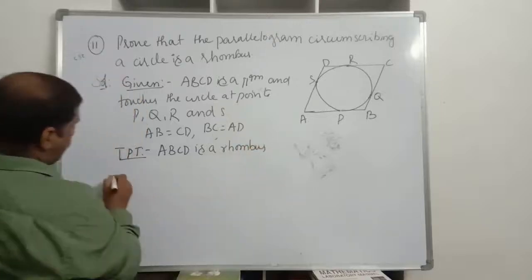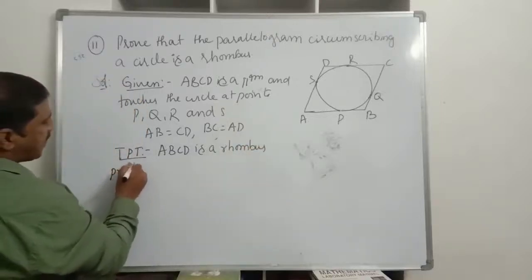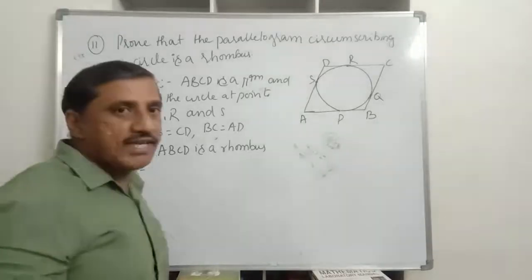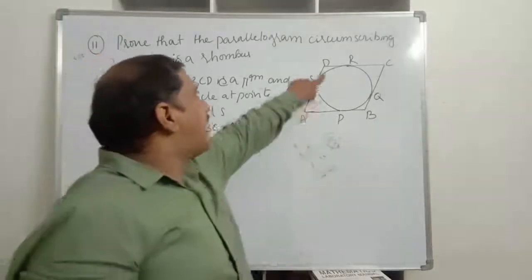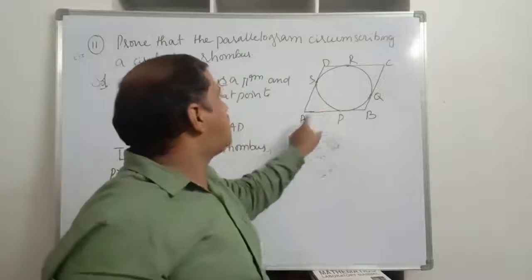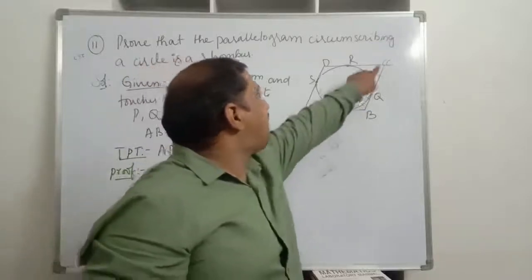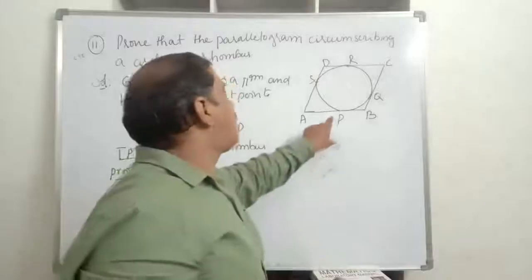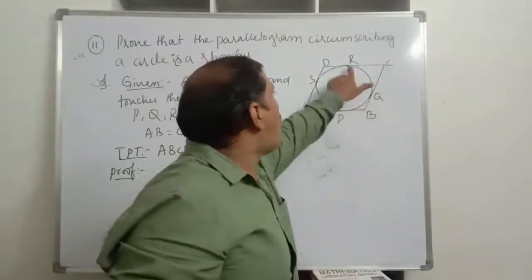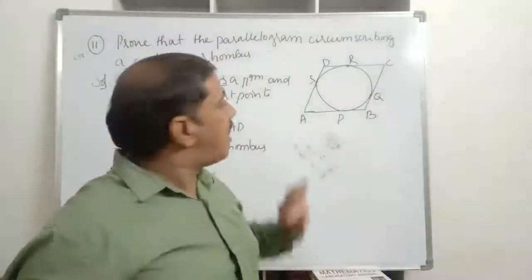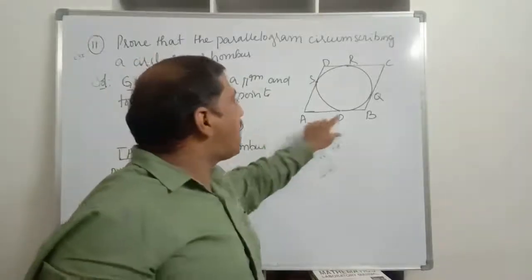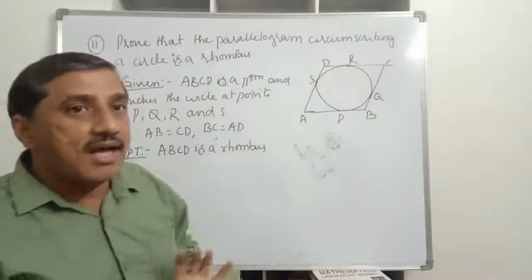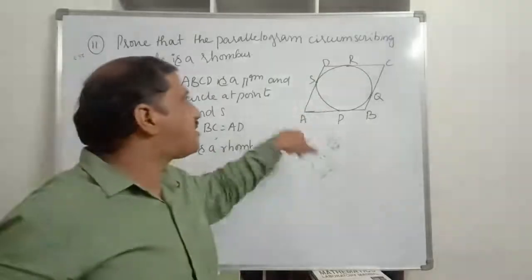So how to prove? Simple, by using theorem 10.2. In this parallelogram, for this circle, AB, BC, CD and AD are tangents at points P, Q, R and S respectively. Now, points A, B, C, D act as external points to the circle.